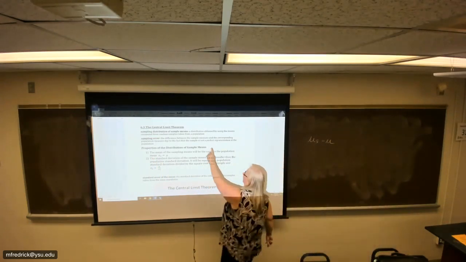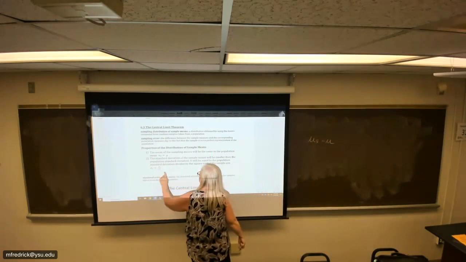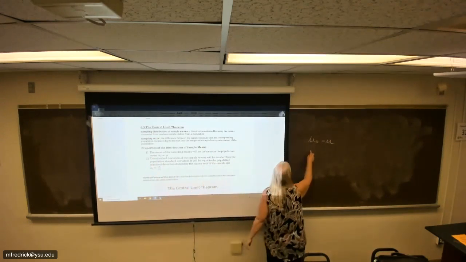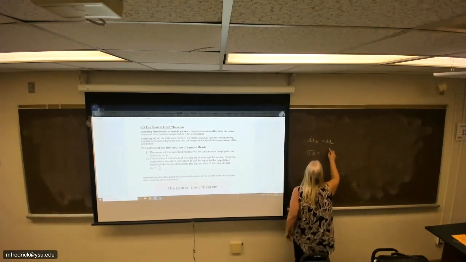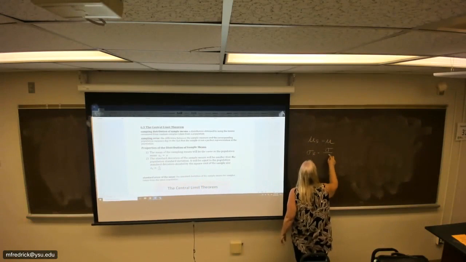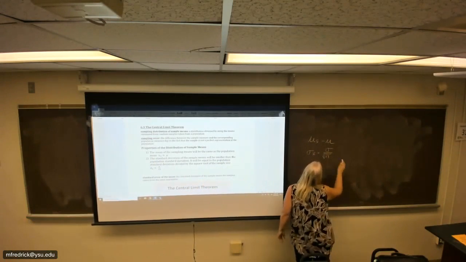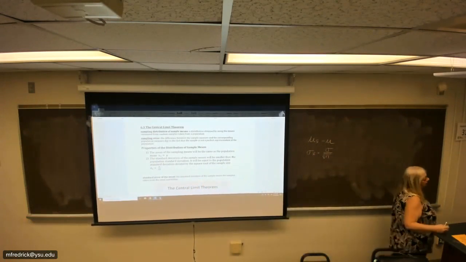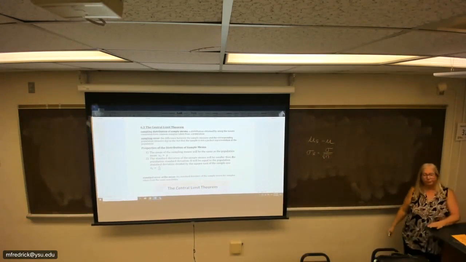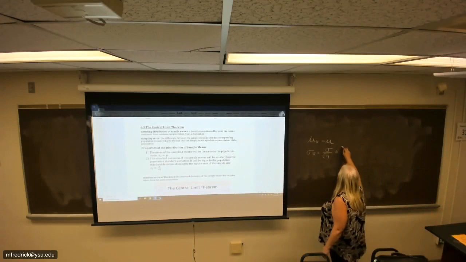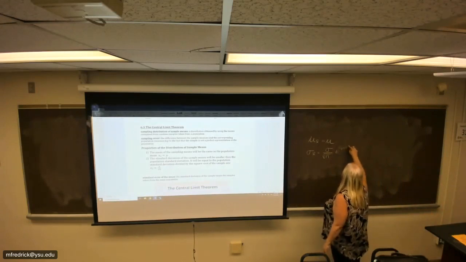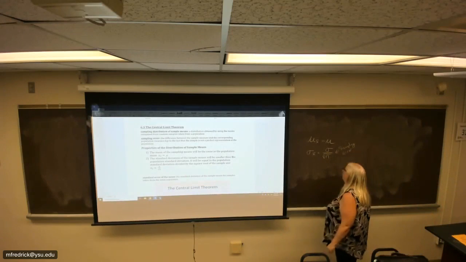That's what this is telling you. The sample error is this right here. So when you're taking the standard deviation of samples, it's the standard deviation from the population divided by the square root of the size of the sample. That's your sampling error.